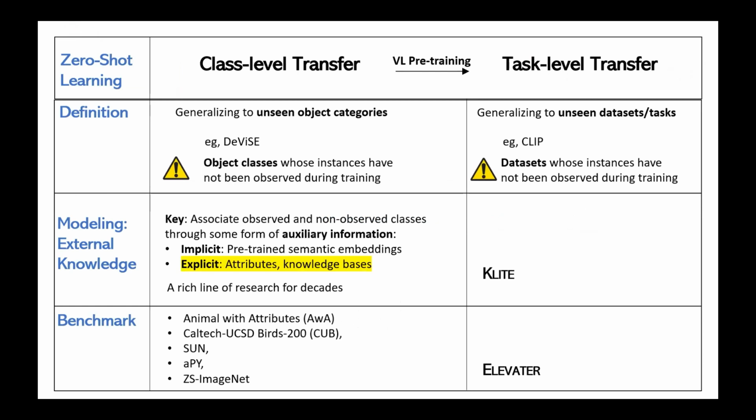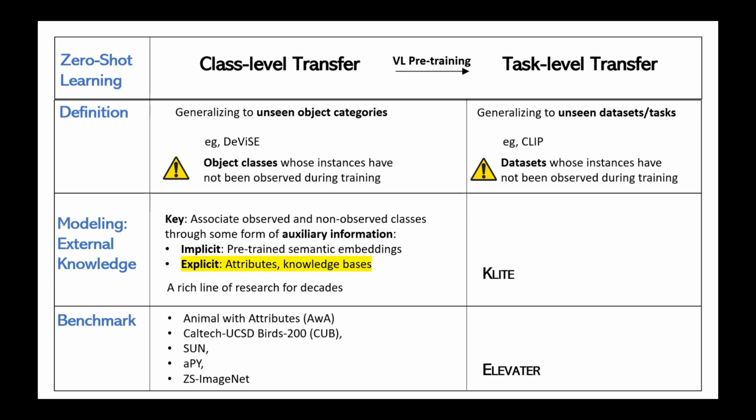Let's start by reviewing the existing research and current trend. Zero-shot learning has been studied for at least 1 decade in our computer vision community. Most of the research has been focusing on building models to generalize to unseen object categories or classes. I would call this traditional setup zero-shot learning in the class level transfer setting.